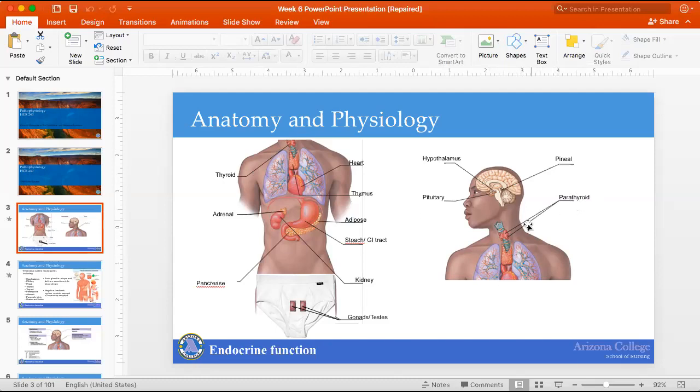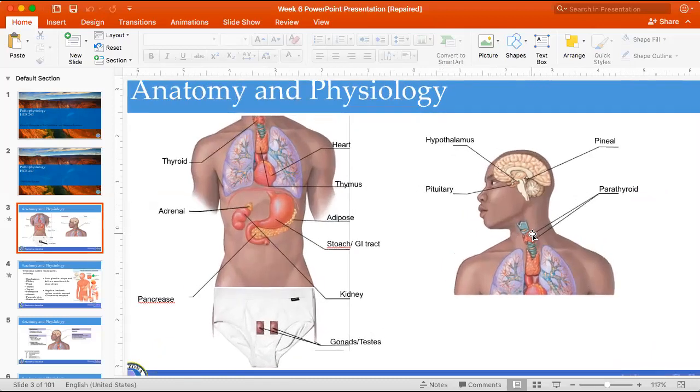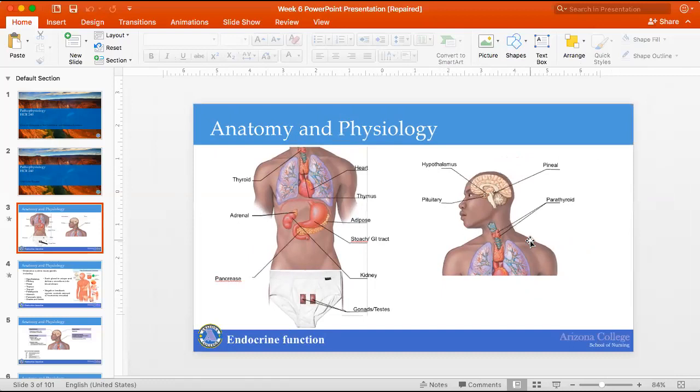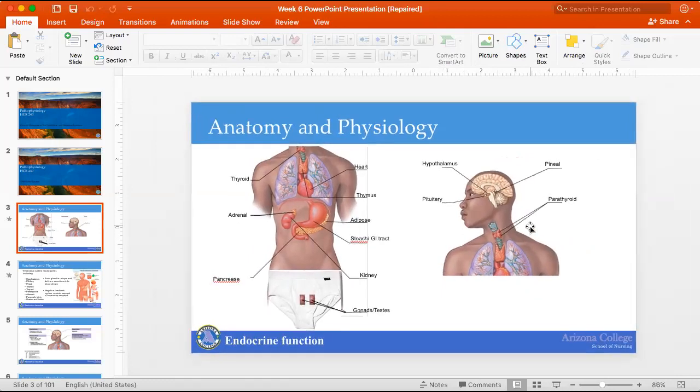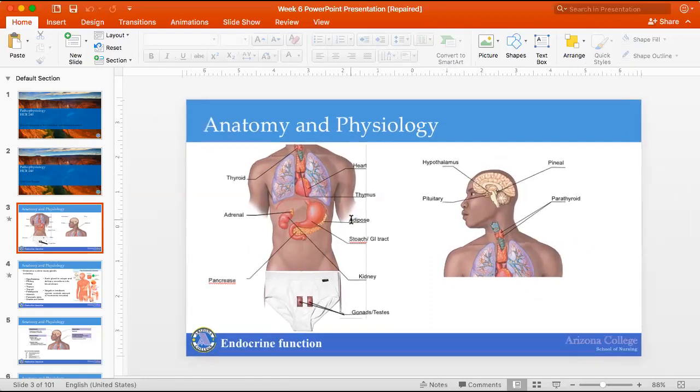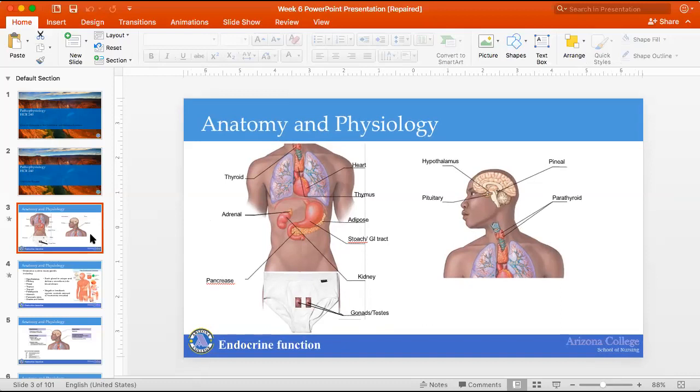The parathyroid glands are these four tiny, almost dots along the edges of the thyroid gland. All of these are going to have their own function and role, and we will discuss that as we come across it.